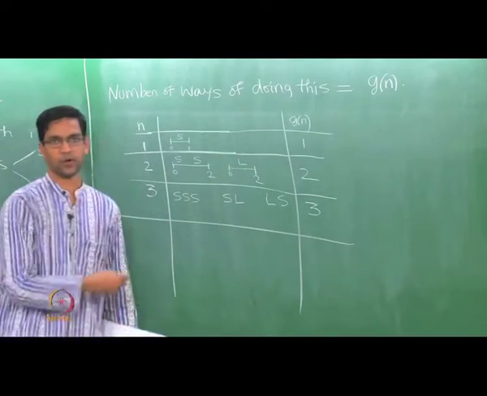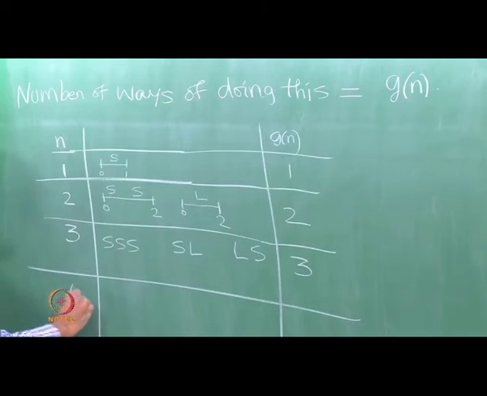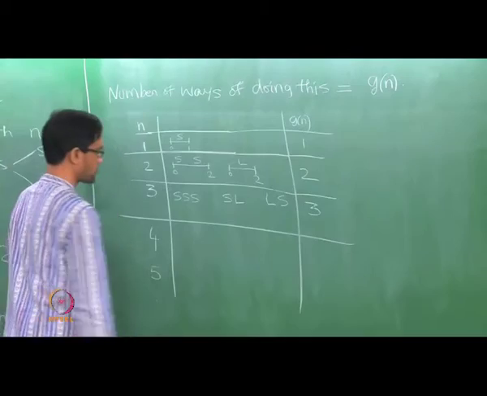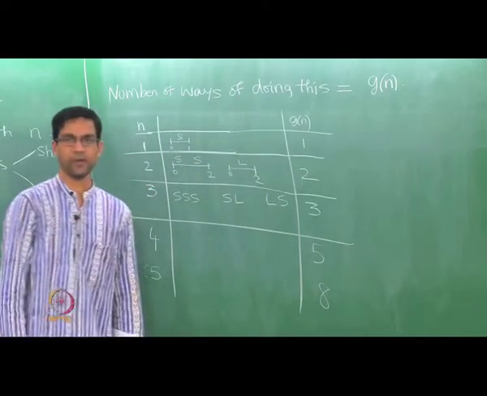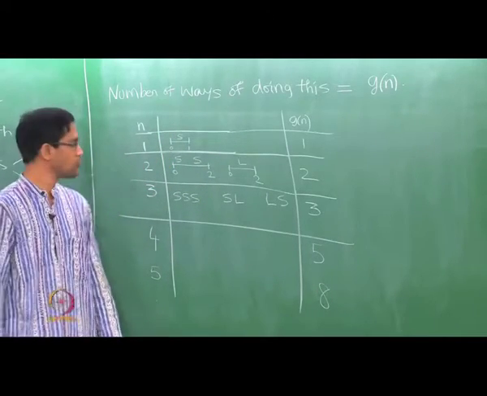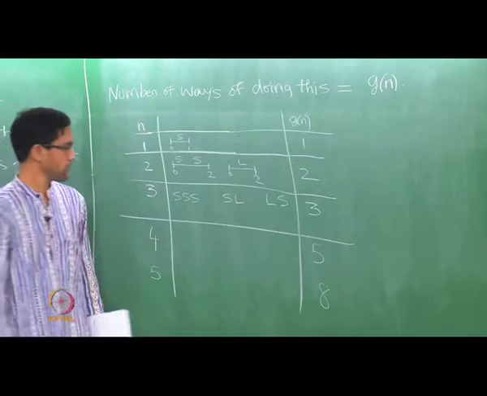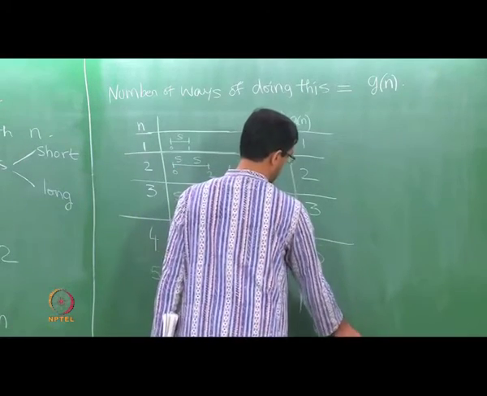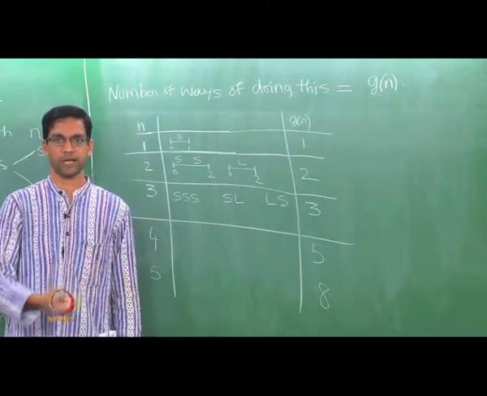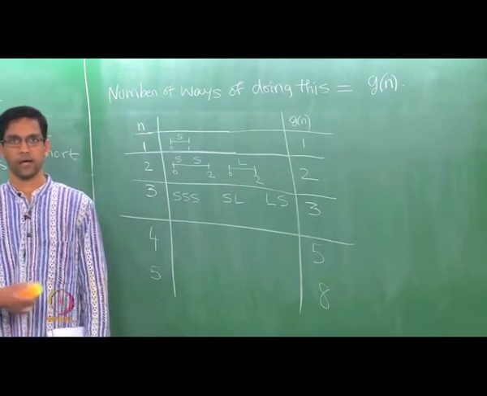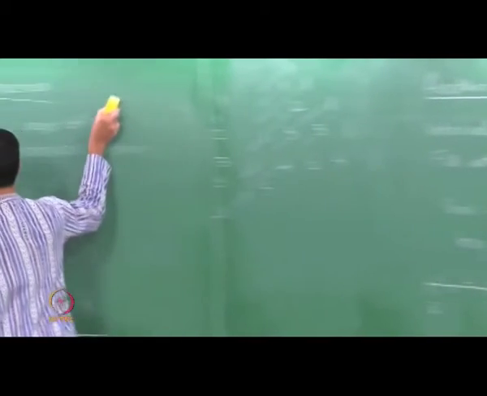Okay, so I'm not really going to write out the remaining values. Now here's the interesting observation. If you sort of look at what happens for the next few values, here's what you will find, that it actually gives you back the same Fibonacci sequence. Okay, so 1 2 3 5 8 and so on. So here again there is an appearance of the Fibonacci sequence, and to try and solve this problem, you could try and proceed the same way, try and show that it has the same recurrence relation and so on and so forth, but I want to use this to demonstrate a certain form of proof called the proof by bijections.